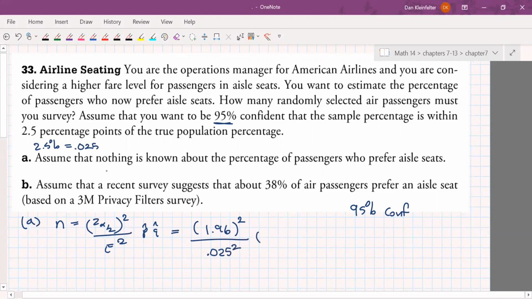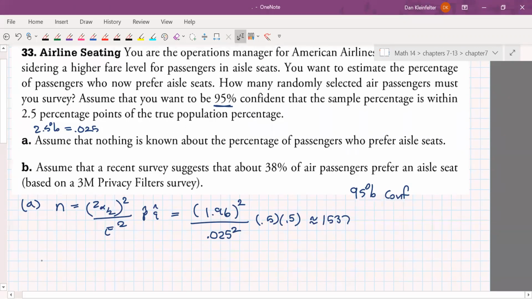Since nothing is known about the percentage of people who prefer aisle seats, we'll use 0.5 for both P hat and Q hat. All right, so we get 1537. So about 1,537 passengers would need to be surveyed.